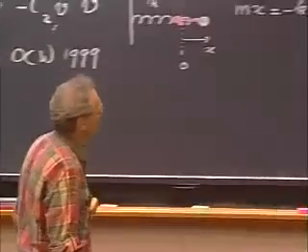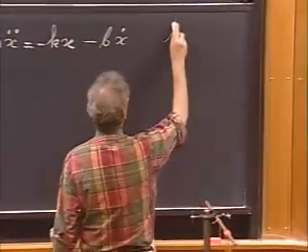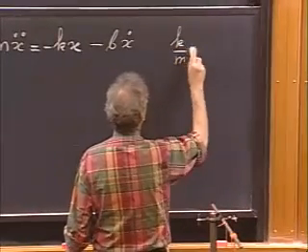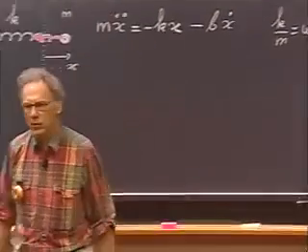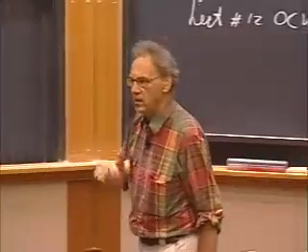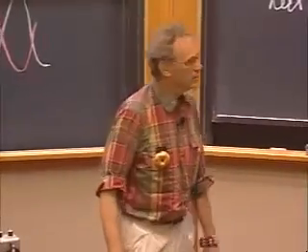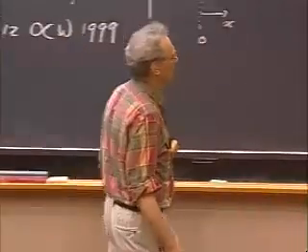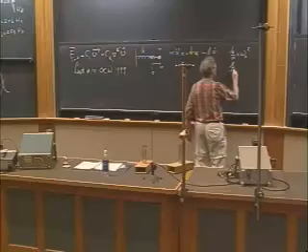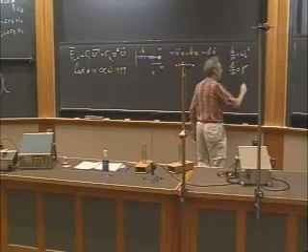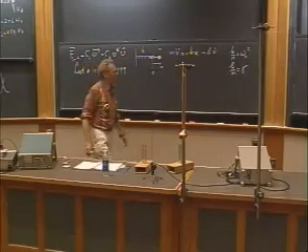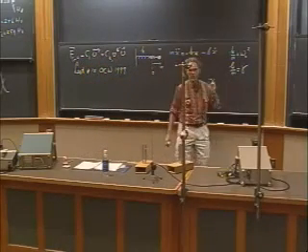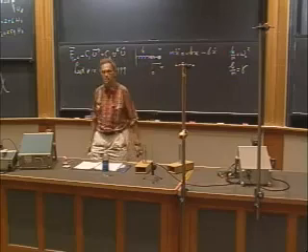I will introduce some shorthand notations that K over M is omega 0 squared. Remember, that is the angular frequency of a spring oscillating in the absence of any friction. We've seen that last time. And I will also introduce a symbol B over M equals gamma. That's also a tradition. Gamma has the same units as omega, seconds to the power minus 1.